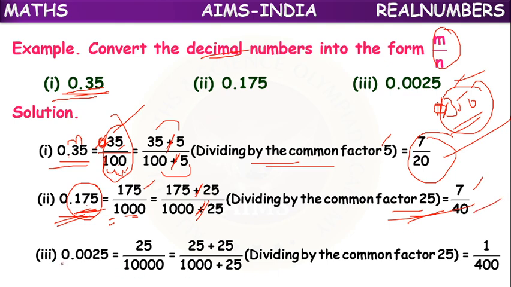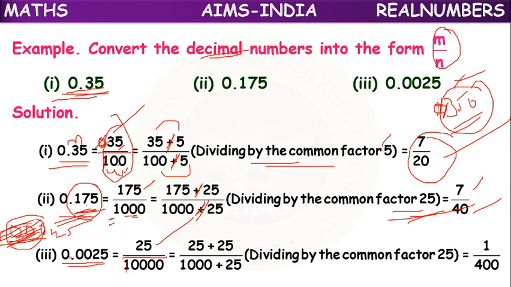Or if we have something like 0.00025. If we remove the point, 3 zeros are located on the left side. No need to consider them because they are on the left side, so they don't have any value. The numerator part is 25. In the denominator part, we can take 1.